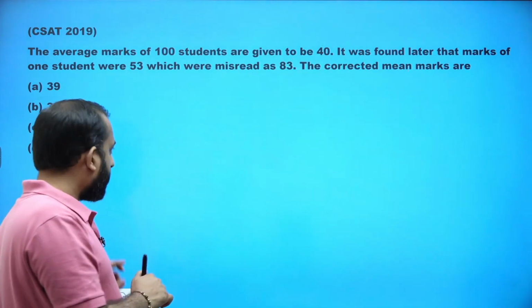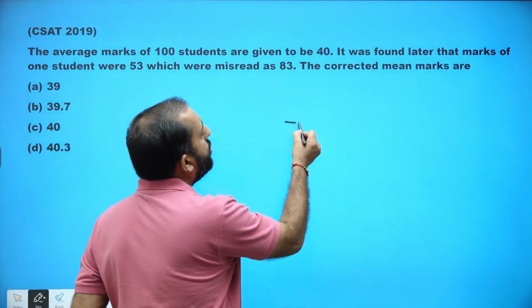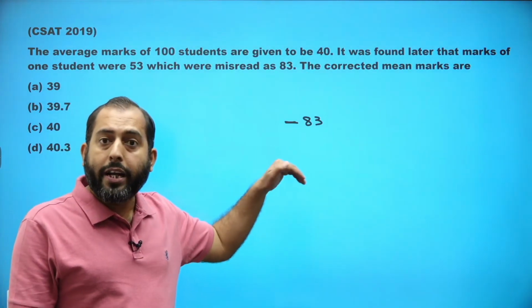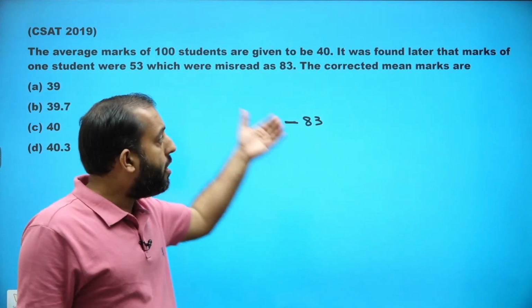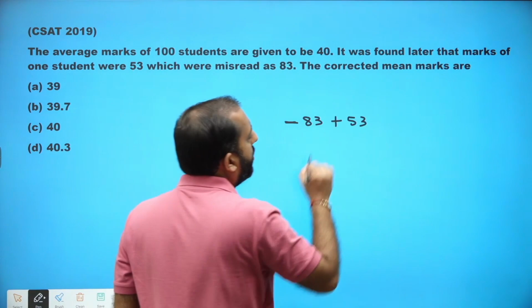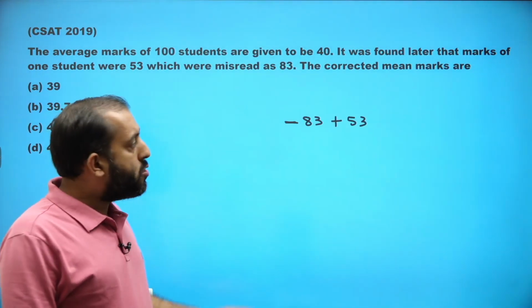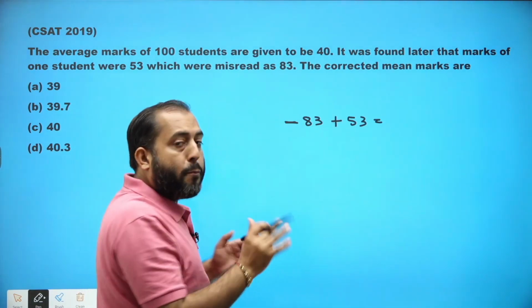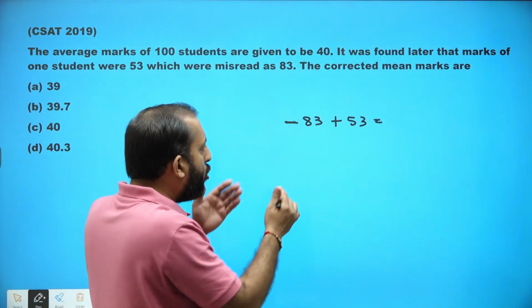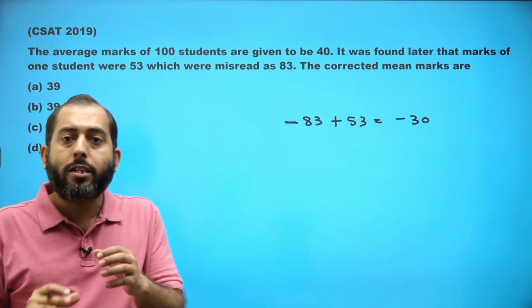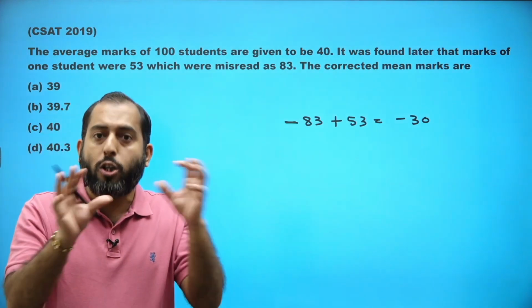So 83 was the wrong value, that is why negative 83, and instead of it we should have inserted the right value, which was 53. So the net improvement in the total score should be minus 30. This minus 30 is the net improvement in the total score.